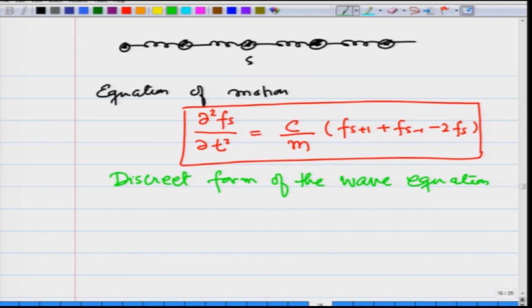This is the equation of motion. If this is a discrete form of the wave equation, I should expect similar solution for a given frequency omega, right. So, we will now try that.